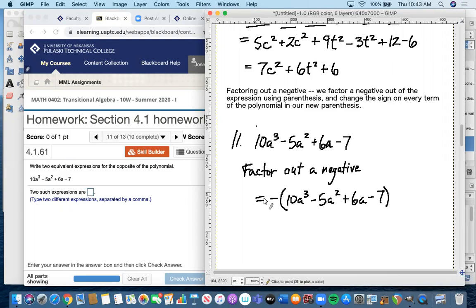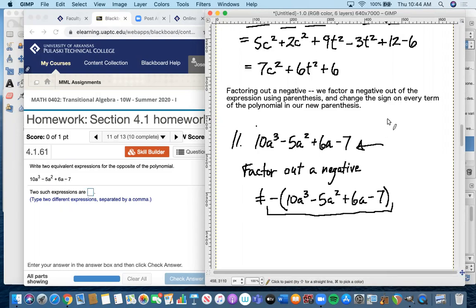Okay, and I wrote an equal sign. It's not exactly equal, so I shouldn't say that. These two things are not really equal. This one on the bottom is the opposite of this one on the top.